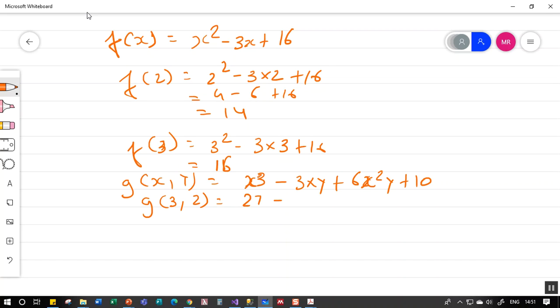It will say 27 minus 3 into 3, 9 into 2, 18, plus x square, so 9 into 6, how much? 54. 54 into 2, 108. Plus 10. So what is the total of this?